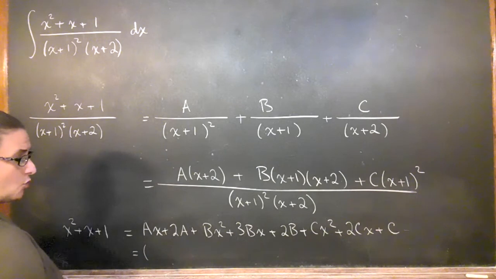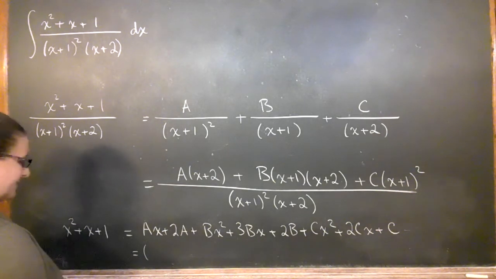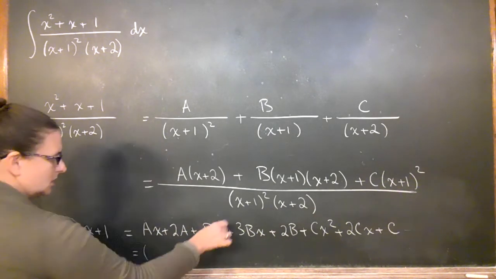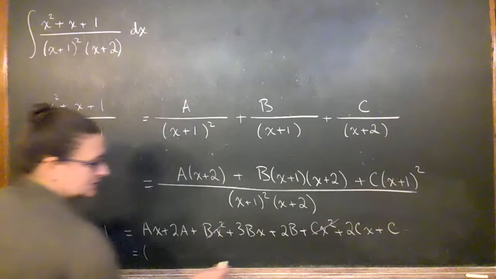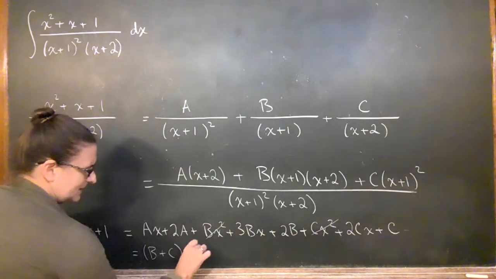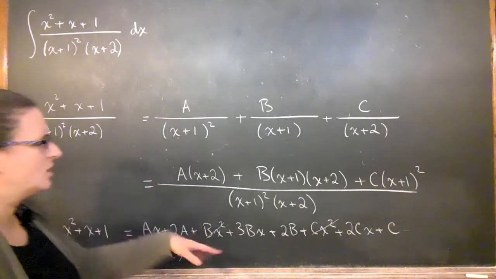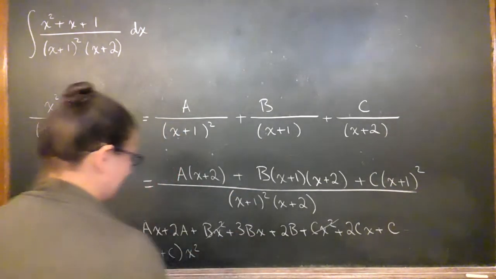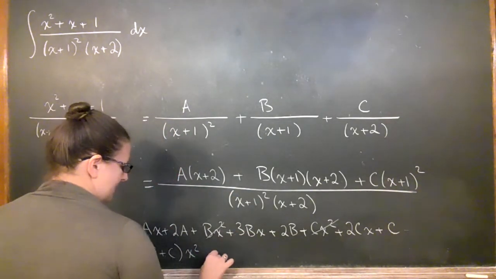Okay, so I'm going to get my like terms together. First, I'm going to pick everything with an x squared out: bx squared, cx squared. So this is going to be b plus c times x squared. And I like to cross them off because that keeps it straightforward for me.